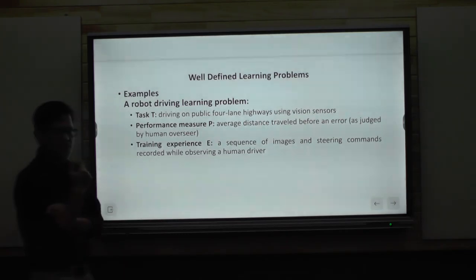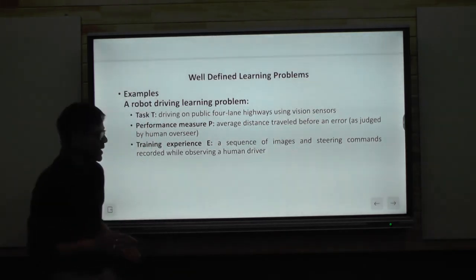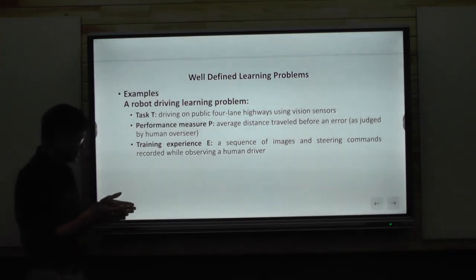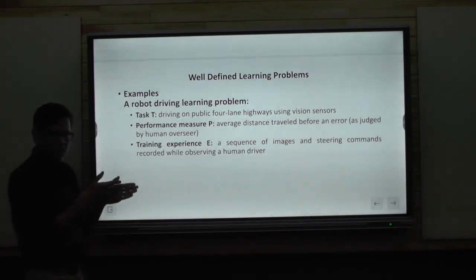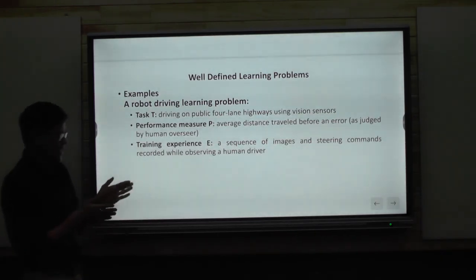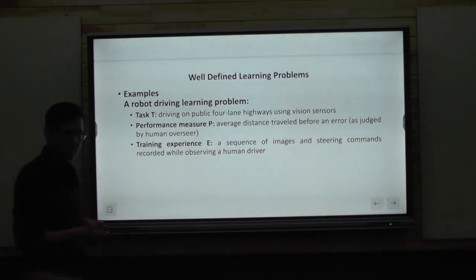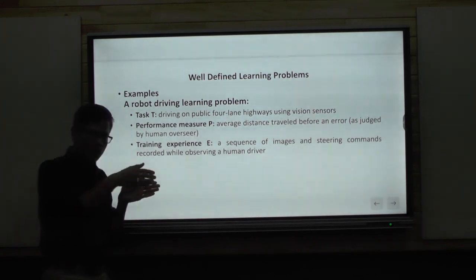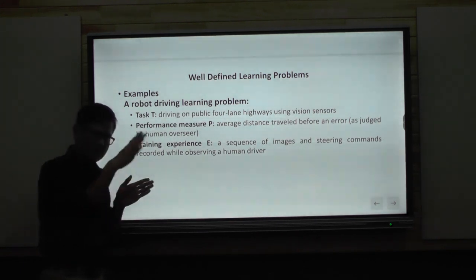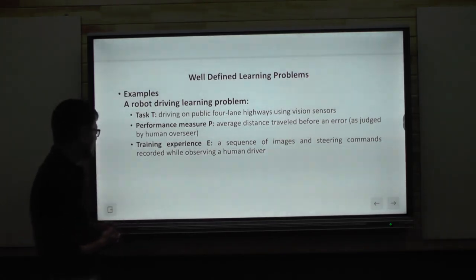The performance measure means the average distance traveled before an error. Error can be judged by a human keeping a watch on it. An error can be a small bump or an accident, or somewhere the autonomous vehicle is not stopping and a human intervenes and applies brakes to avoid an accident, basically.